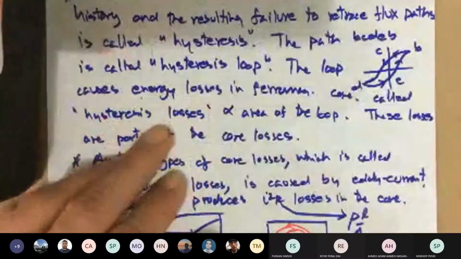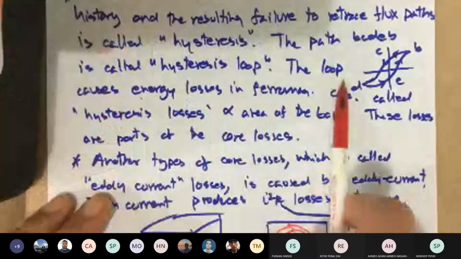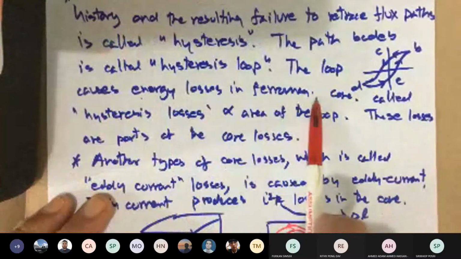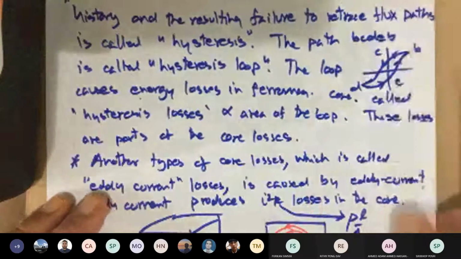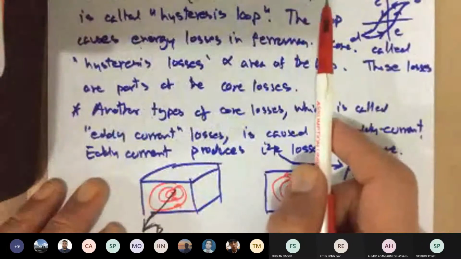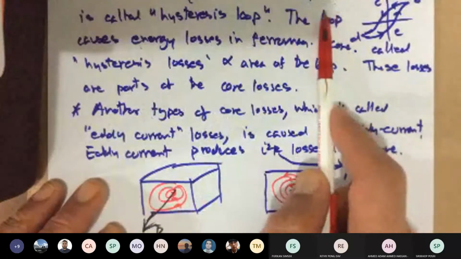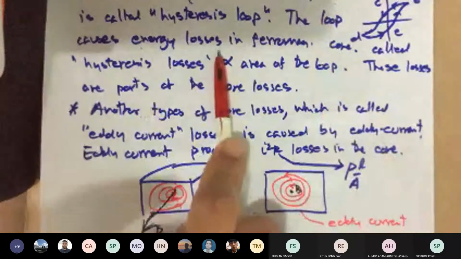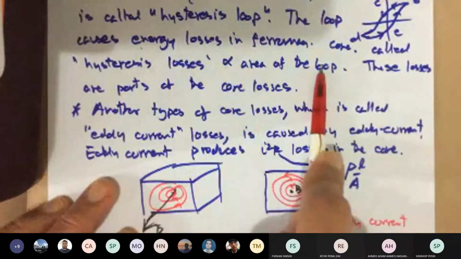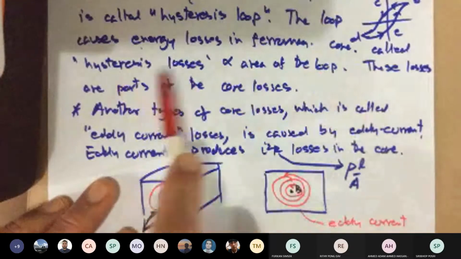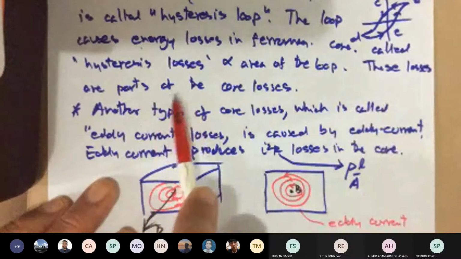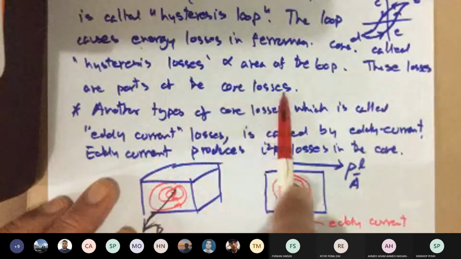But there's also a downside, because this loop causes energy losses in the ferromagnetic core. These are more like materials engineering, but it turns out that these energy losses are proportional to the area of the loop. These energy losses are part of what we call the core losses.